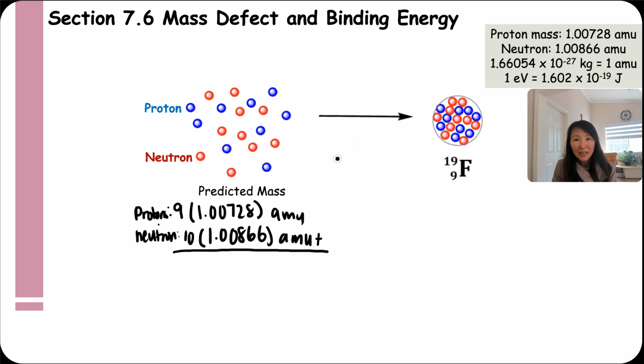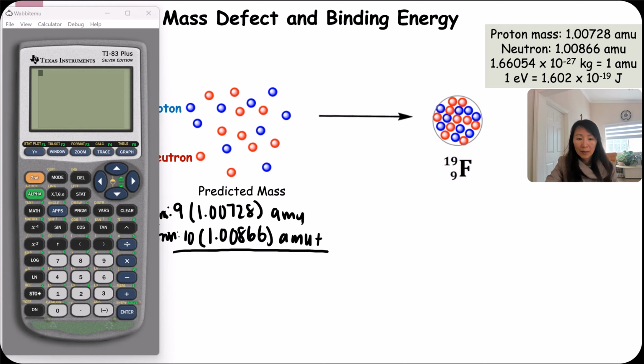So let's go ahead and calculate this out. So we have our 9 times the atomic mass unit for the proton, 1.00728, enter, and then we're going to add that to the neutron, 10 multiplied by 1.00866, enter, and I get 19.15212.